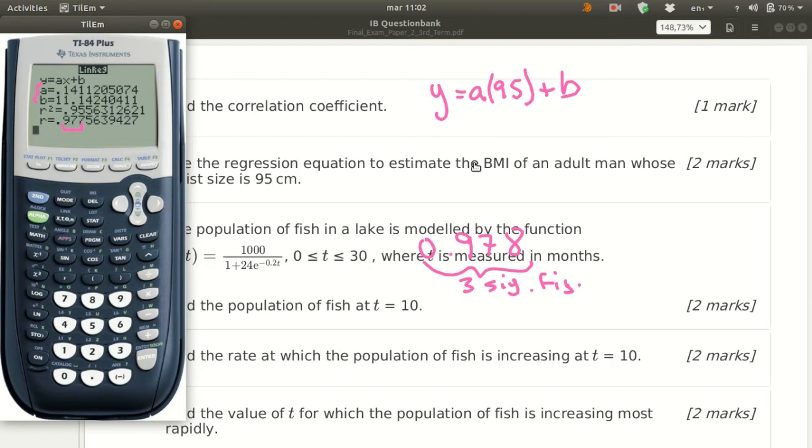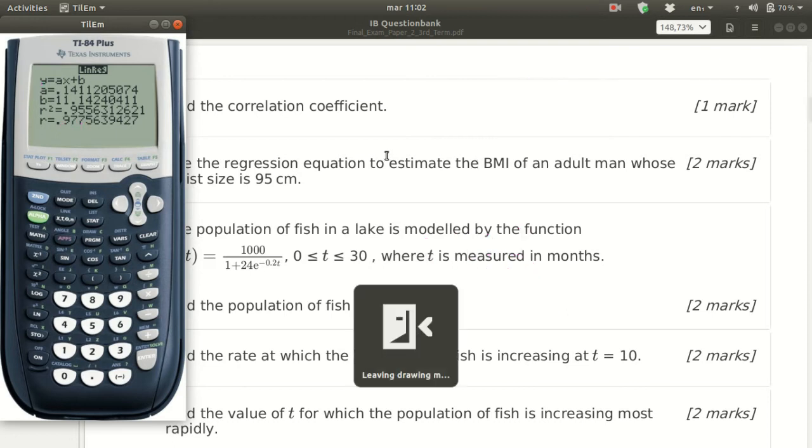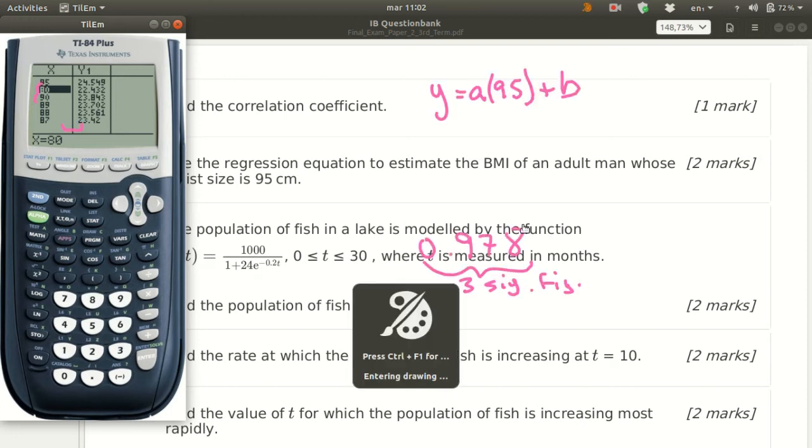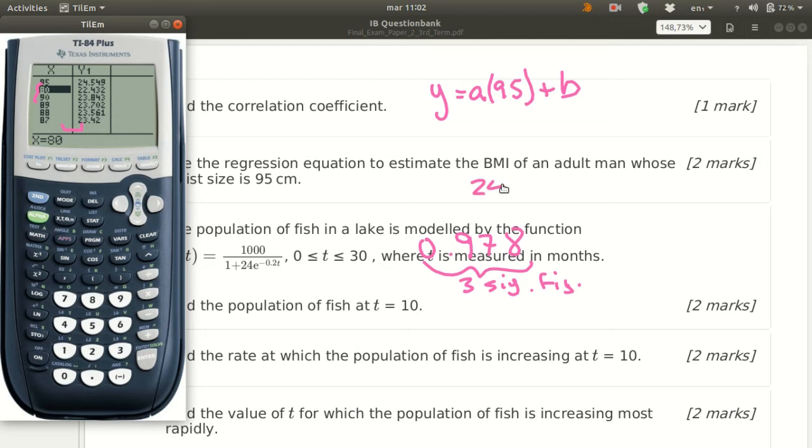To evaluate, use your calculator. Another way to do it is remember that we saved the function here. So if I go to the table, I want to look at 95. There it is, 24.5. A lot shorter. 24.5. And again, rounding to 3 significant figures, 24.5.